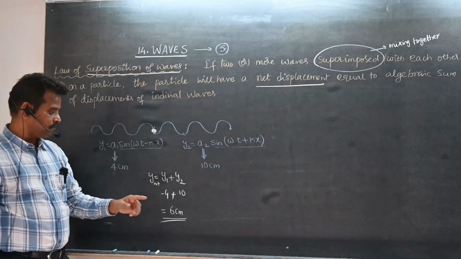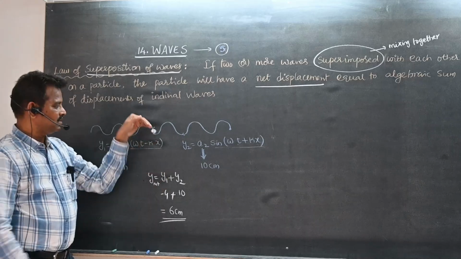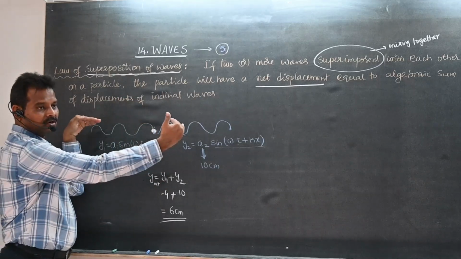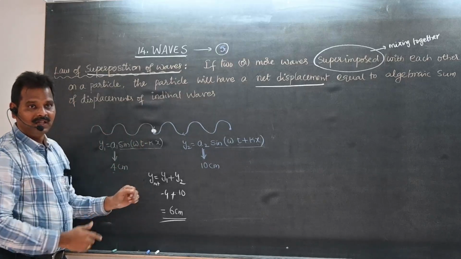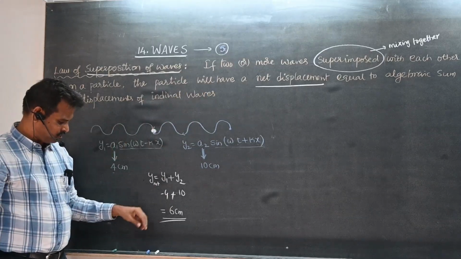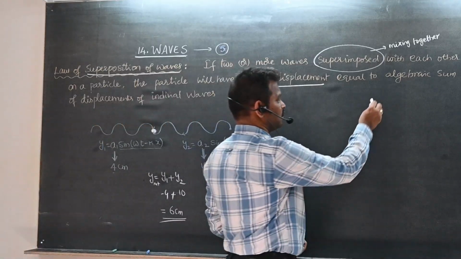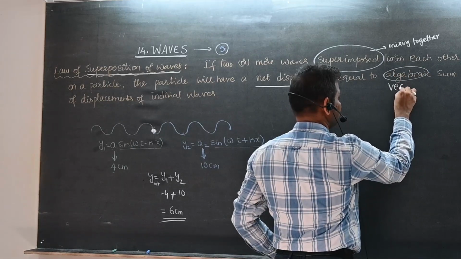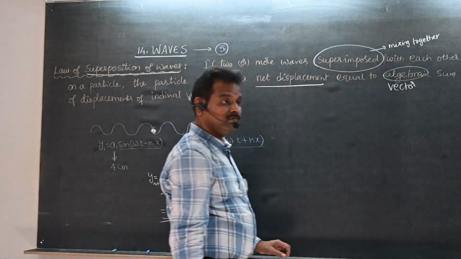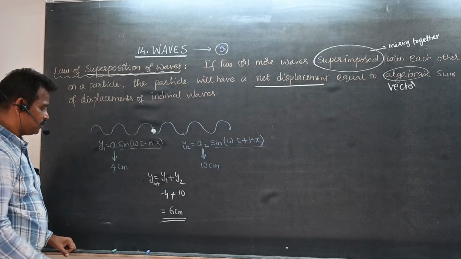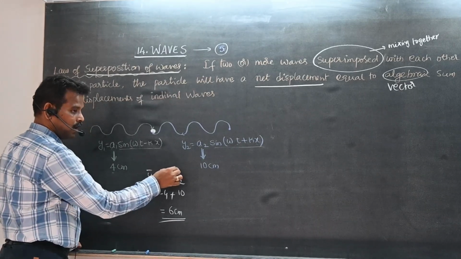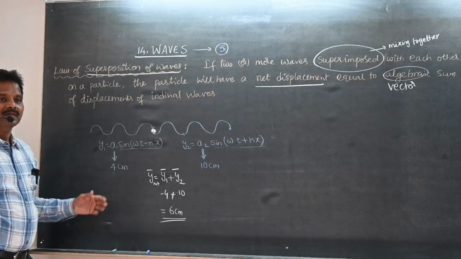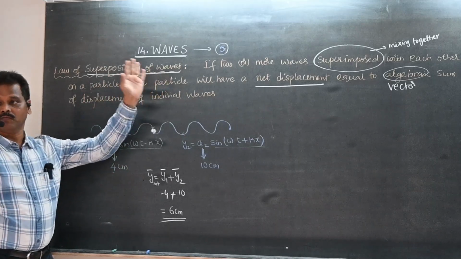Why algebraic sum? Because the waves may be hitting from opposite directions, in the same direction, or at an angle. Better, instead of algebraic, you can use vector sum. So can I say Y bar is equal to y1 bar plus y2 bar? This is the law of superposition of waves.